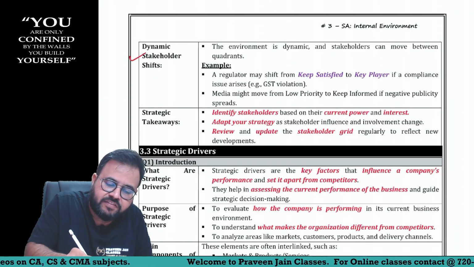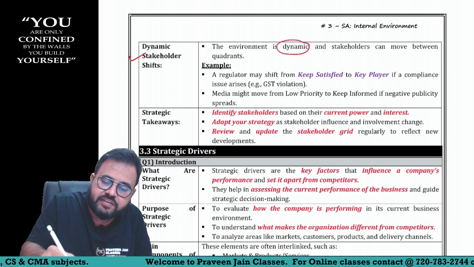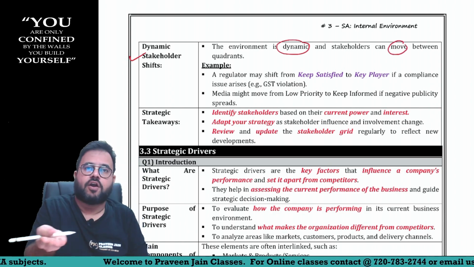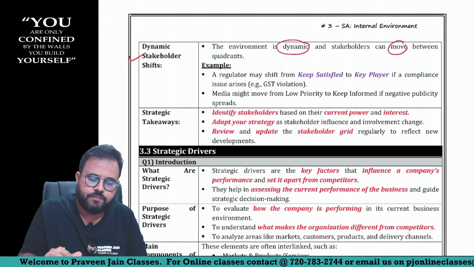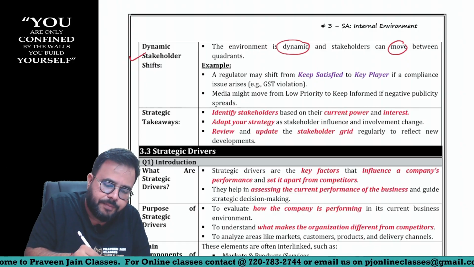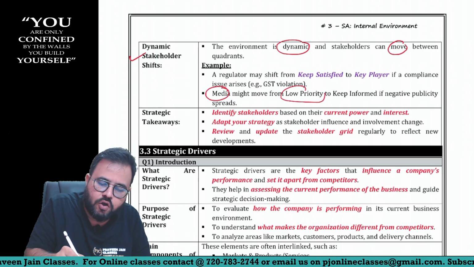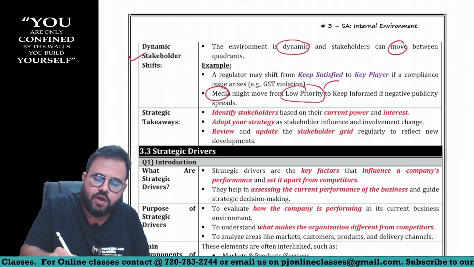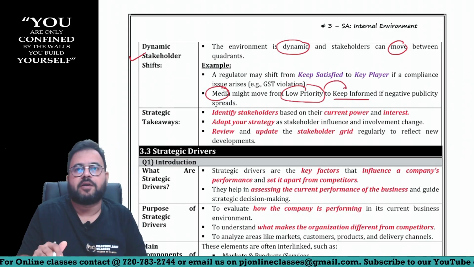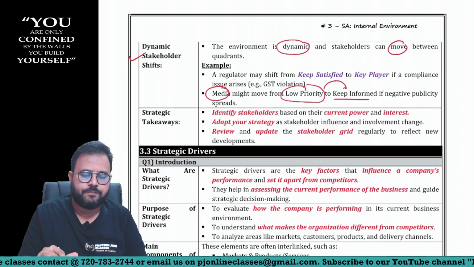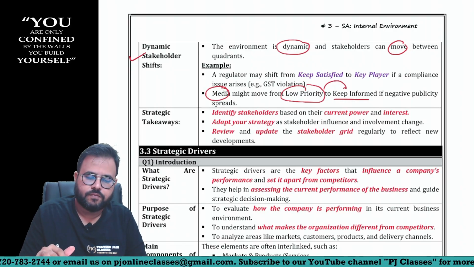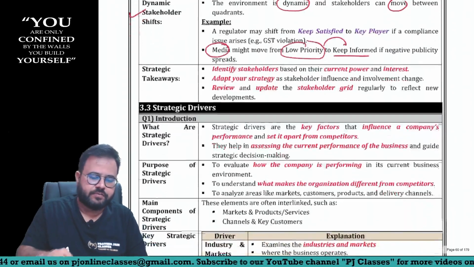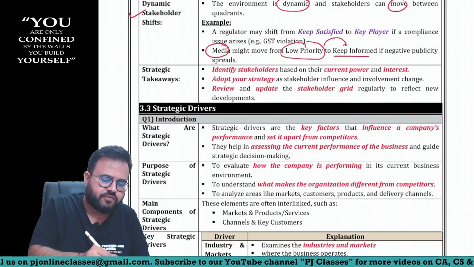Since the environment is highly dynamic, stakeholders can move between the quadrants. I already took the examples. So a media house, which was actually a low priority stakeholder, will now come under what, sir? Keep informed stakeholder. Are you understanding, Raja? So that is the point. This is just for understanding.